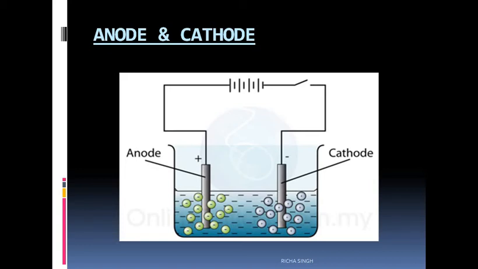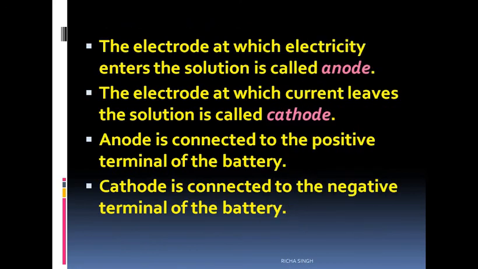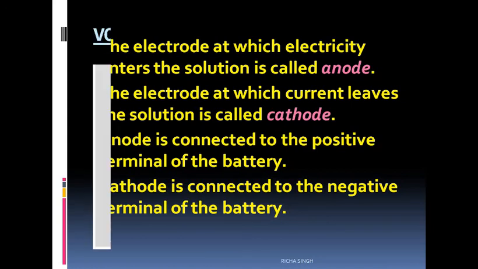You know the flow of electricity is from positive to negative side. So from which electrode does electricity enter the solution? It is the anode, because it is connected to the positive terminal. And at which electrode does the current leave the solution? It is the cathode, because it is the negative electrode.